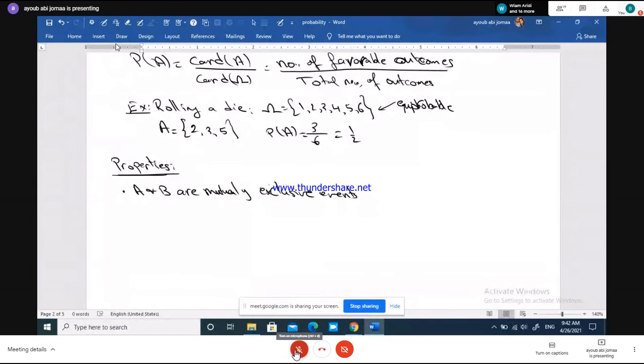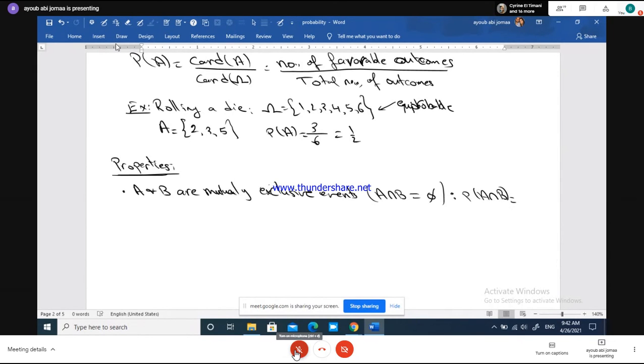Yes? Their intersection, what is it? It is equal to 0. The intersection is empty. Here, mutually exclusive events means A intersection B is empty. They can't occur at the same time. In this case, what is the probability of A intersection B?